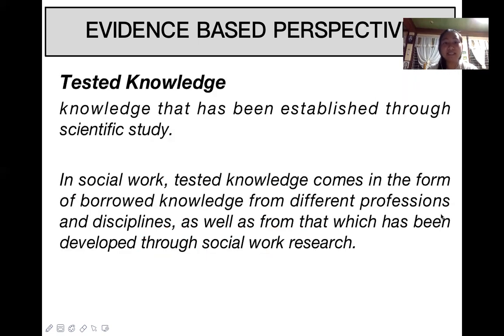When we say tested knowledge, from the term itself, these are established through scientific study. And these are actually coming from the different professions, and they are also better clarified and enhanced through social work research.